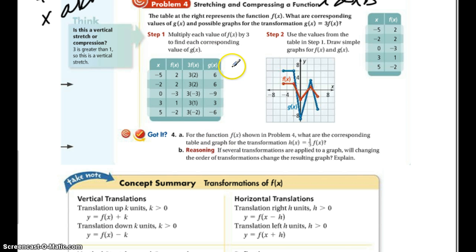In other words, if you were to draw another t-chart, you'd have all your x values that you plugged in, and it would spit out all of your new g of x values because you multiplied the originals by 3. So far, so good.